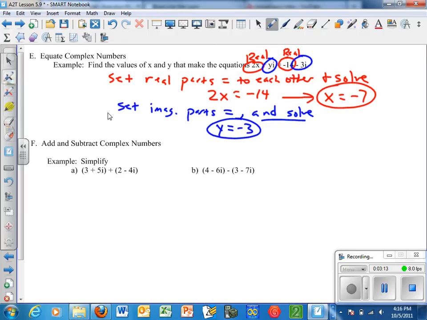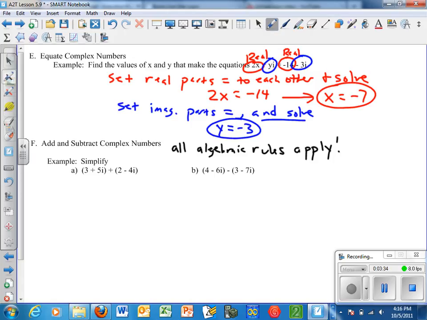Okay? Now, when you are adding and subtracting complex numbers, all the algebraic rules apply that you've learned since the beginning of algebra.